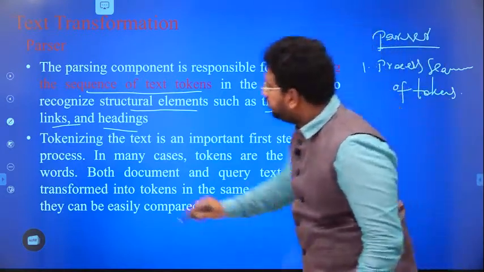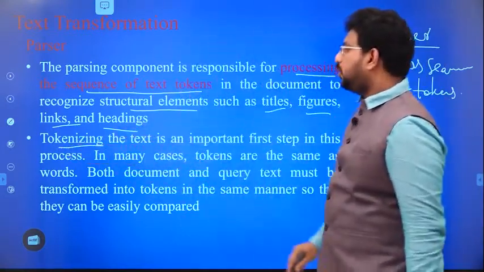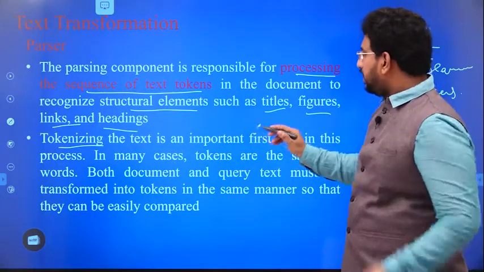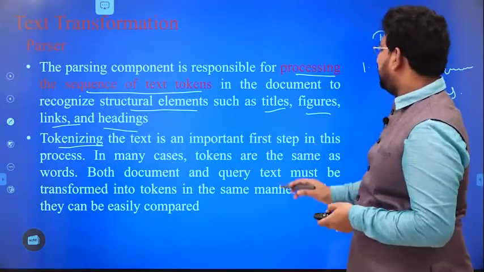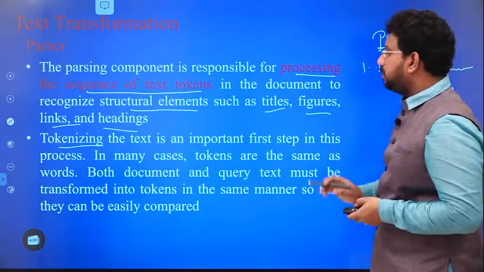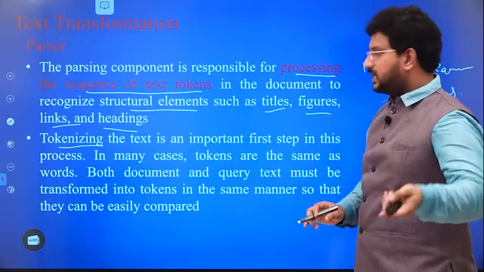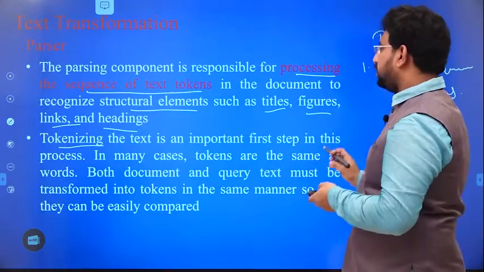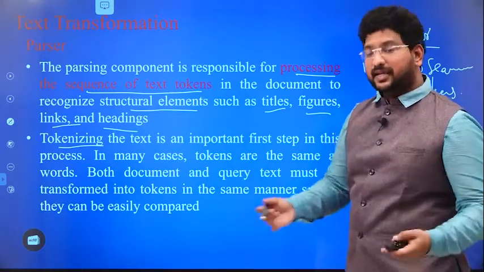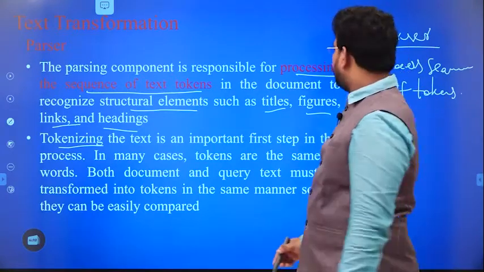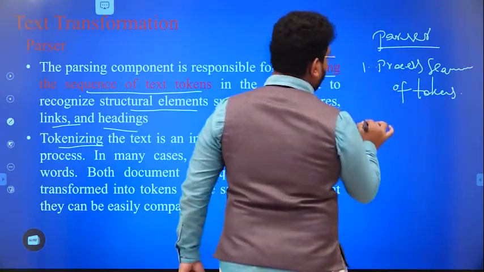Here is one particular word you are going to understand: tokenization. Tokenizing the text is an important first step in this process. In many cases tokens are the same as words. For example, Mahatma Gandhi.